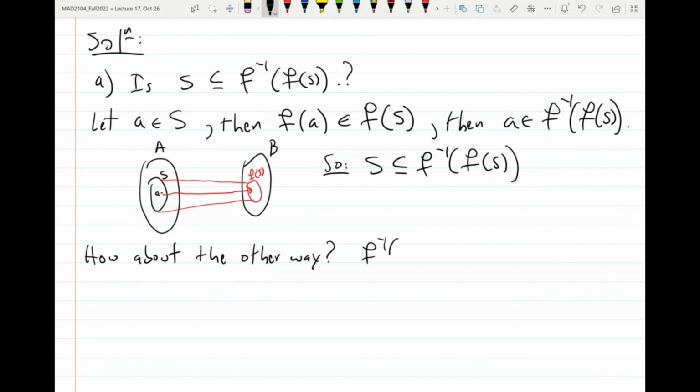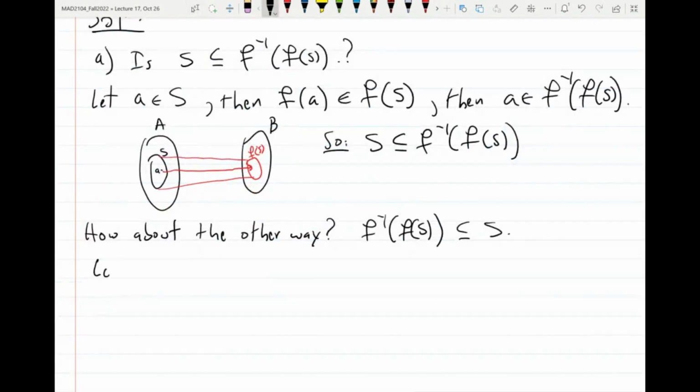In other words, do we then have that this, let me use capital S because we're dealing with a set, is a subset of S? Well, to prove this, I need to start with an element, a little a in here. And let's see where it leads us. Maybe we get stuck. So let's see.